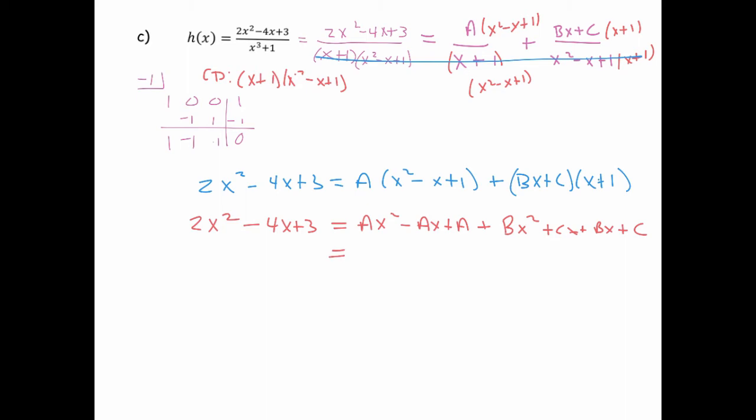So I've got an Ax squared and a Bx squared. So together that would make it A plus B times x squared. I've got a -Ax and a Cx and a Bx. So that would make B plus C minus A times x. And then as constants, I have an A and a C.